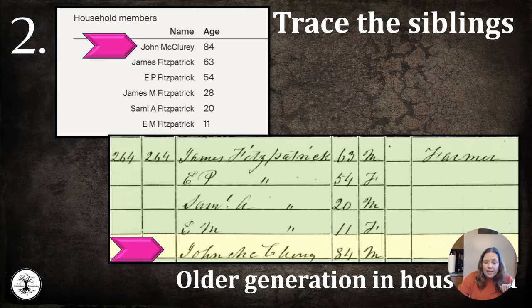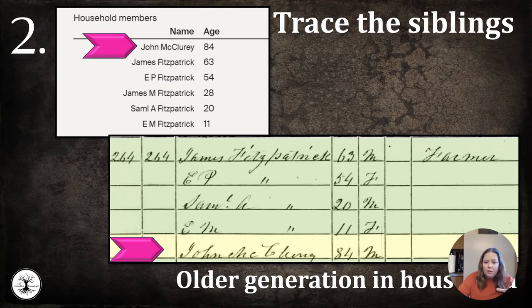This was a client case I had where they could not find the McClooney patriarch and what happened to him, because they were only following their direct lines. They hadn't bothered to follow out the children, especially the daughters, to see where Elizabeth married James Fitzpatrick. And then right there in the household, her father, John McClooney, age 84.